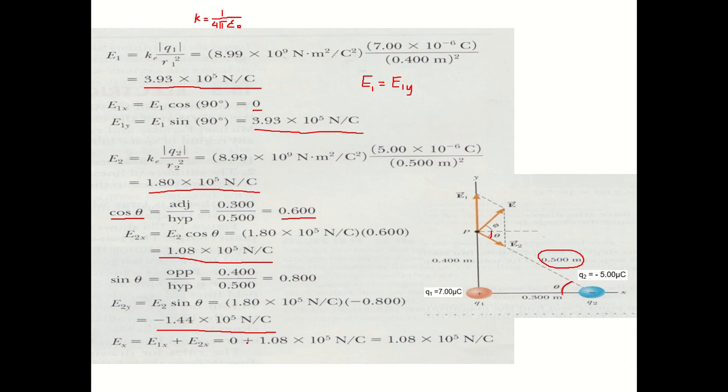So we have 0 plus E sub 2x. Then adding the two, we get this one. So this is our total, or the resultant, of E sub x.